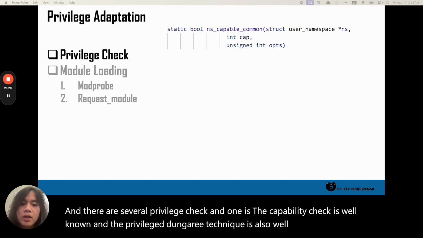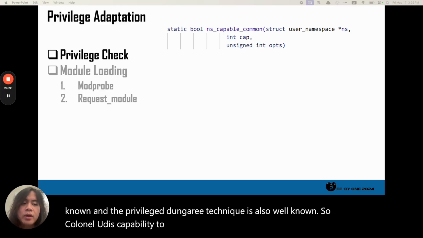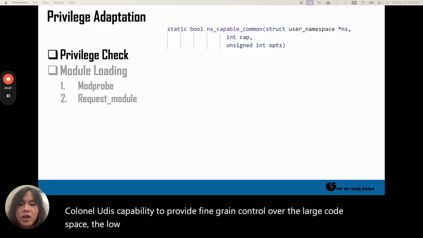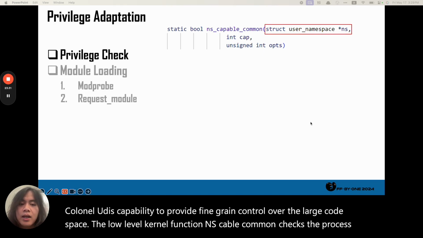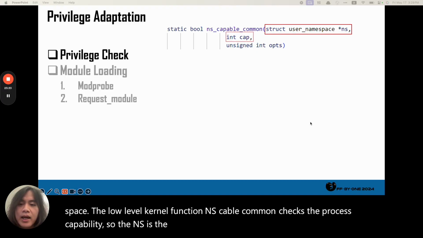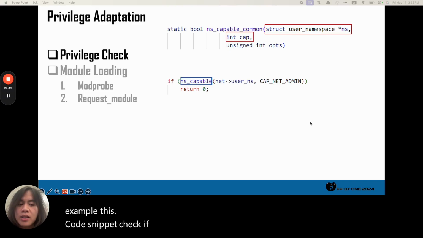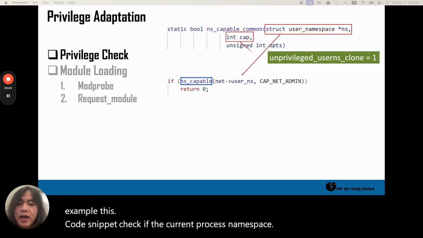The kernel uses capabilities to provide fine-grained control over the large code space. The low-level kernel function ns_capable commonly checks the process capability. The ns is the namespace, and the cap is the capability. For example, this code snippet checks if the current process namespace has the capability CAP_NET_ADMIN.